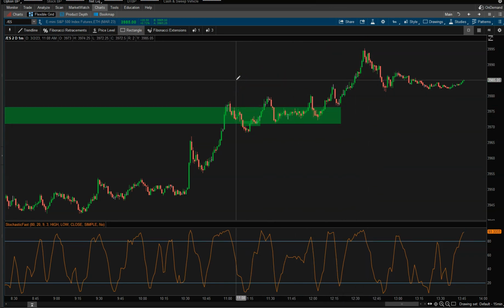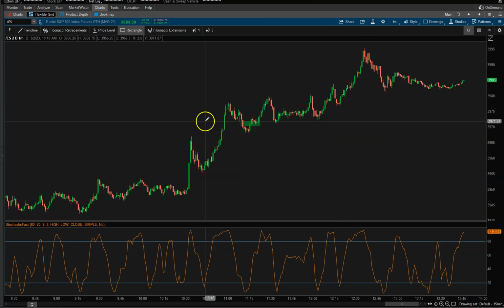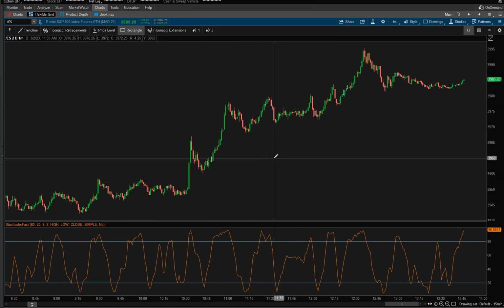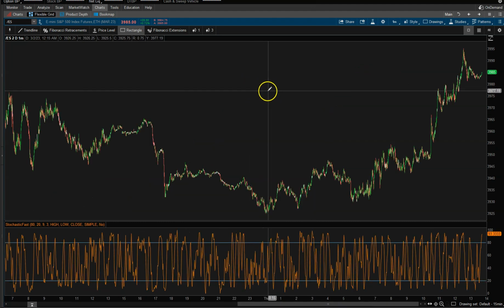So these are things that you'll learn as you're watching, but essentially you want to find these at the highs or lows of a move with a divergence in a trade zone, or a supply and demand zone, or support and resistance zone.